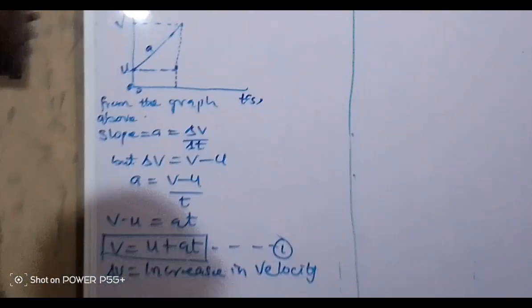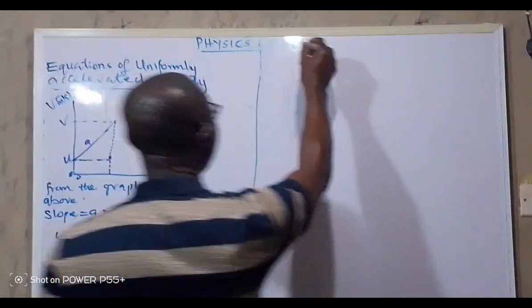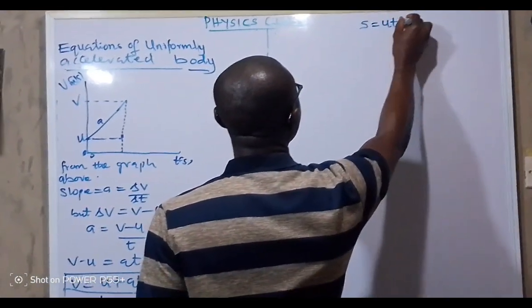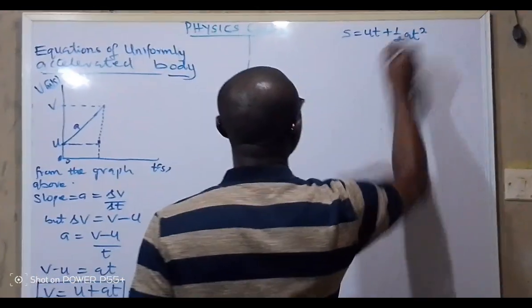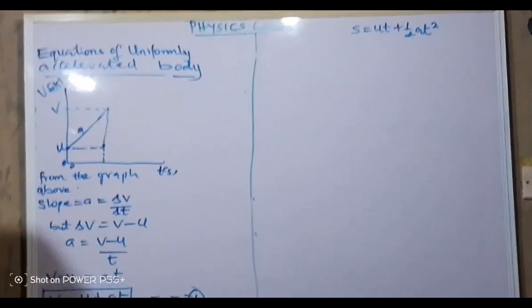Now, let's move to equation 2. Don't forget, equation 2 is S is equal to UT plus half AT square, and S is total distance.